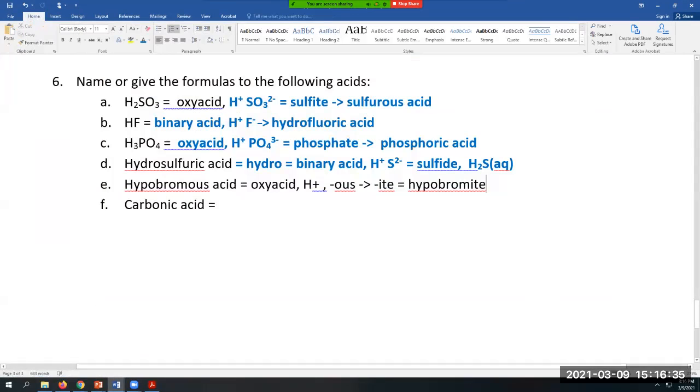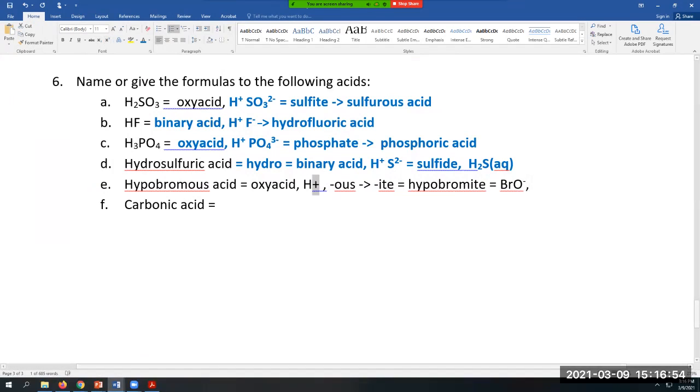So that means hypobromite is BrO with 1 negative charge, according to what we have. So then we want to have H+.